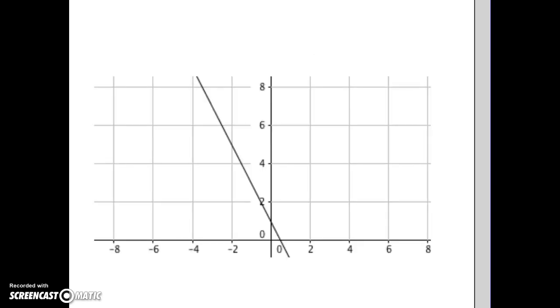We have another one here. This one, I think we will again use y equals mx plus b. So once more, I want to find m and b.